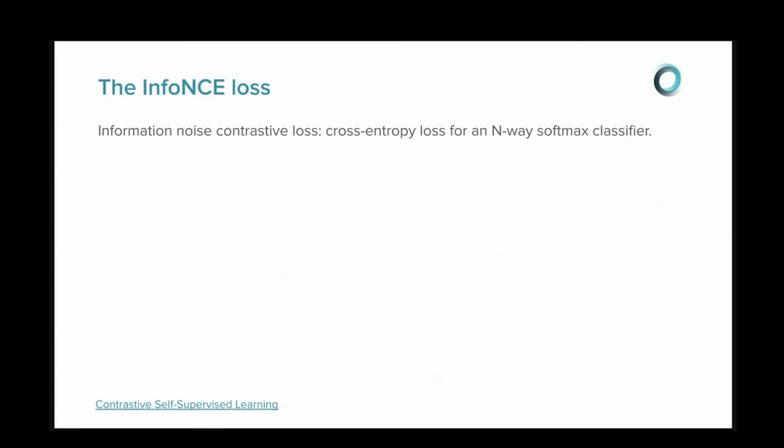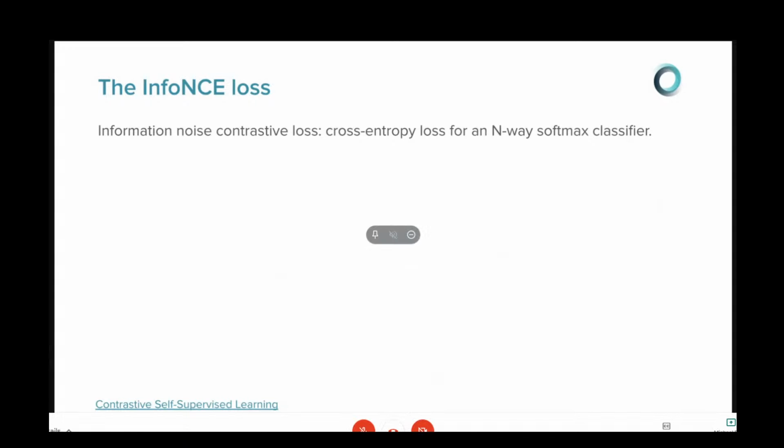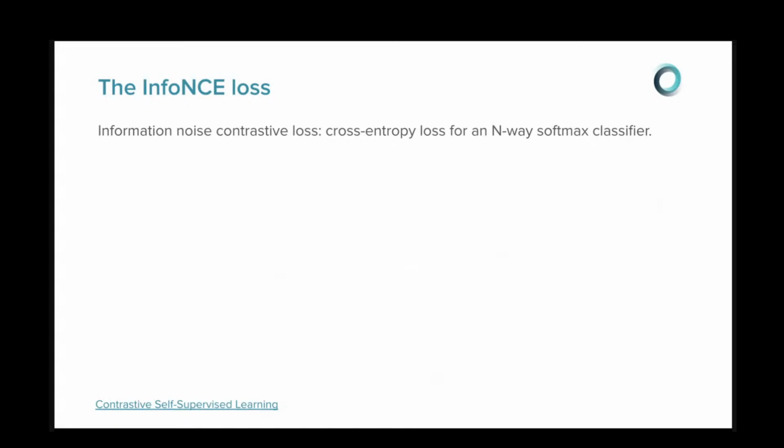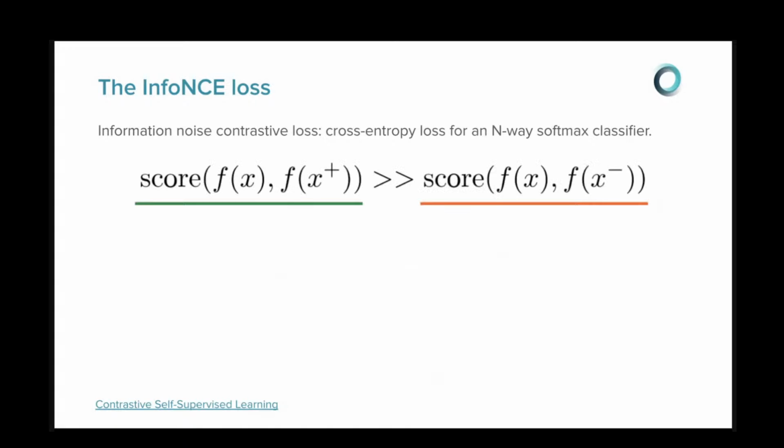But before we dig into the formula itself, I just want to show you what we're trying to solve on a very high level. In the end, we want to assign a score for f of x. This can be one view of our dog image, and this is the other view, the positive example. We want to assign a very high score to those two samples. And if we compare our view from the dog image with the view from our chair image from before, we want to assign a very low score.